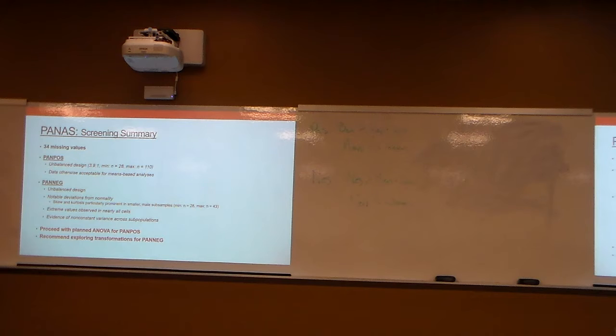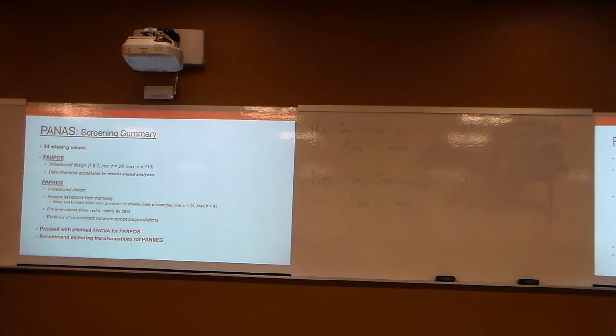And for PANAS positive, we've got an unbalanced design, minimum cell number 28, 110, that's a big discrepancy, right? But otherwise, everything's looking acceptable. For PANAS negative, we've got an unbalanced design, notable deviations from normality, particularly in our smaller samples, extreme values, and evidence of non-constant variance across our individual subpopulations.